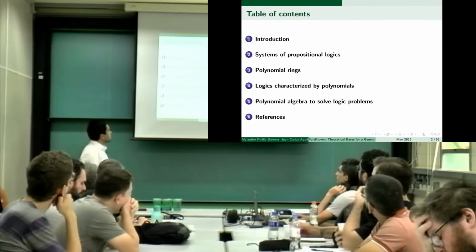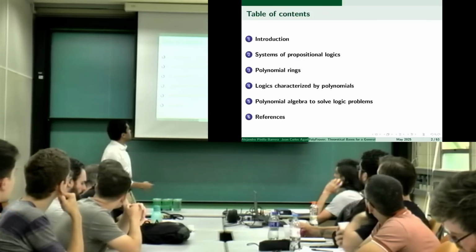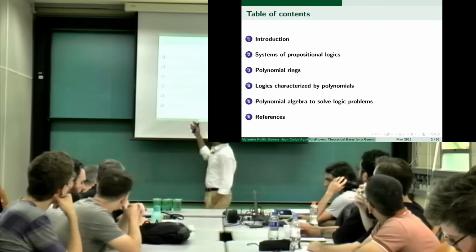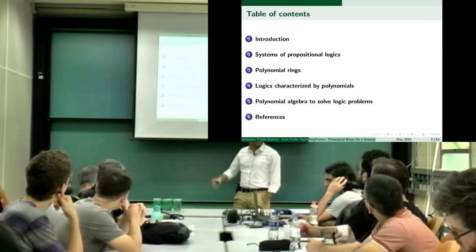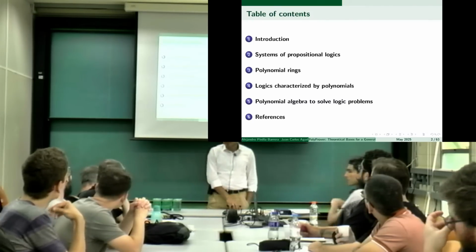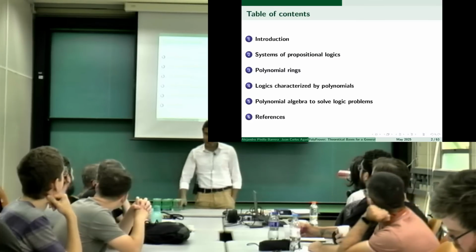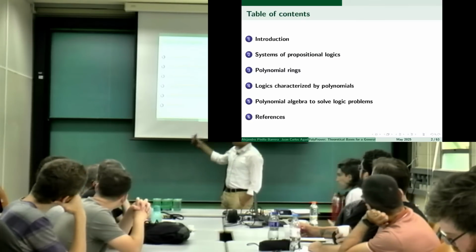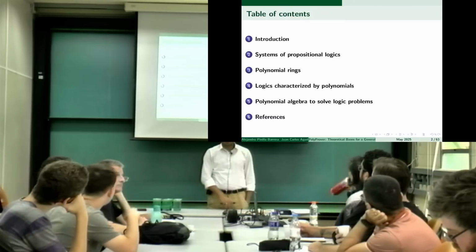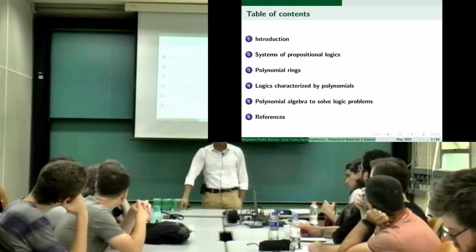The talk will be divided in 5 sections. The first one, we are going to talk a little bit about the motivation of this problem. In the second and the third one, we are going to introduce the concepts that we need from the logic world and the concepts that we need from the algebraic world, okay? The fourth section is basically how can we link logic with algebra regarding polynomials.